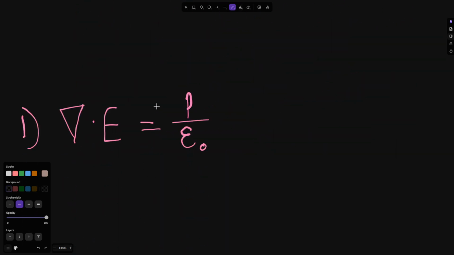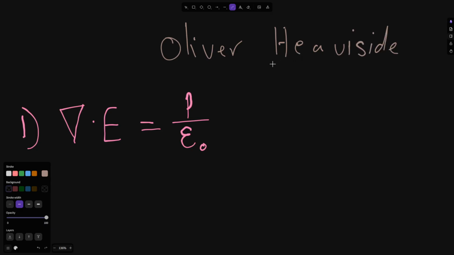Before we get into this equation, we will talk about the scientist, or the mathematician, behind this. James Clerk Maxwell didn't actually write the four equations we use today. A guy named Oliver Heaviside, I can't really remember his actual pronunciation, but I'll say Heaviside for simplicity, cleaned them up later into the form we can see now.